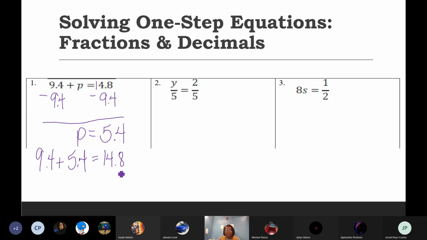Numbers 2 and 3 are going to be a bit more difficult, and so I want to give you some time. Let's look here at number 2. Hopefully you've written this down. It says y over 5 is equal to 2/5. Now, I don't want you to work too hard with this one.